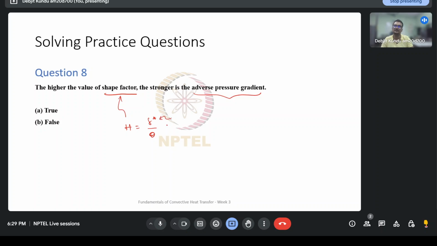Now delta star is basically the displacement thickness, which we saw in the earlier question, and theta is the momentum thickness, and the ratio of them is known as the shape factor of a boundary layer.